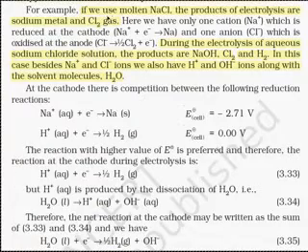For example, if we use molten NaCl, the products of electrolysis are sodium metal and chlorine gas. Here we have only one cation, that is Na+, which is reduced at cathode and we get Na, and one anion Cl-, which is oxidized at anode and we get chlorine gas. Now during electrolysis of aqueous sodium chloride solution, the products are NaOH, Cl2 and H2.